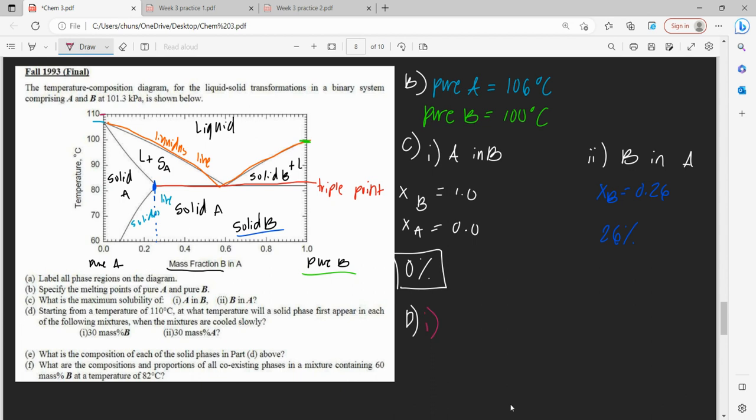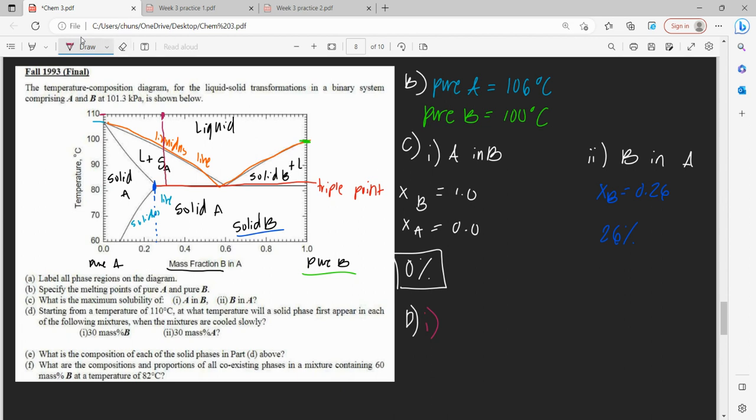So then if we were to plot 0.3 and go up to our 110 degrees, that would bring us here. So we want to cool, which means we're going to decrease temperature, so we're going to travel downwards along our same molar composition, molar ratio.